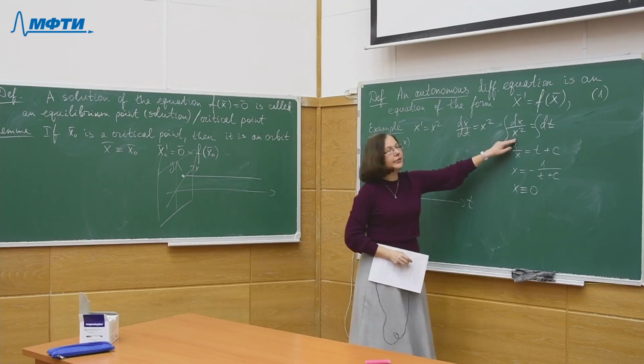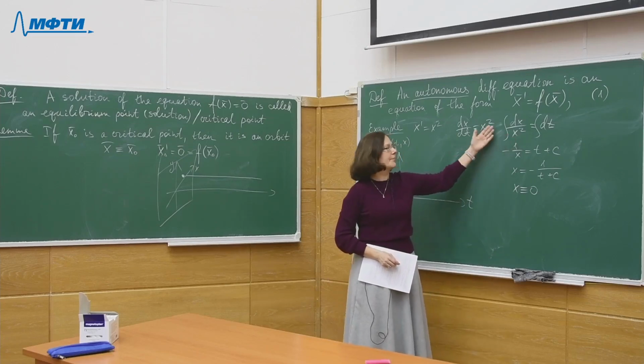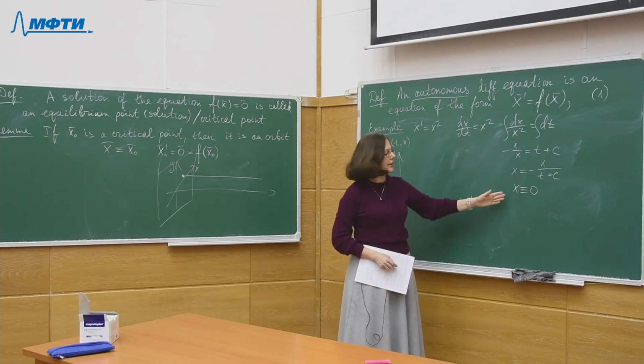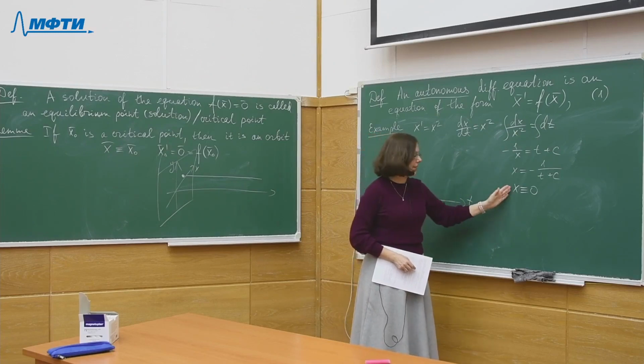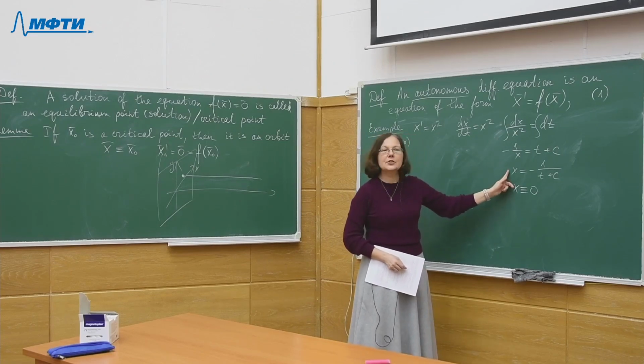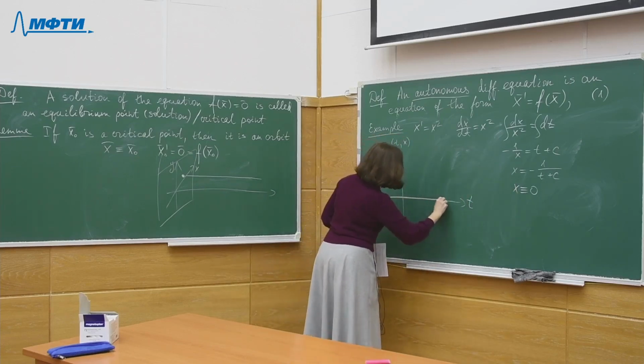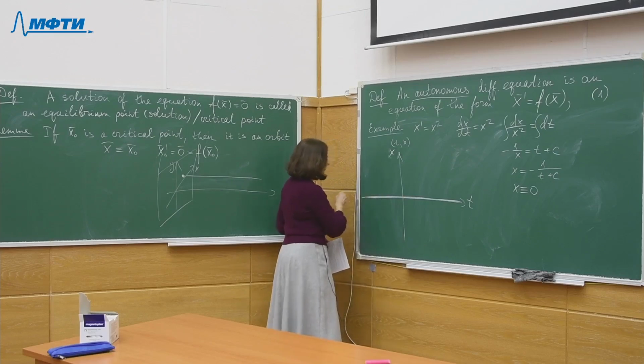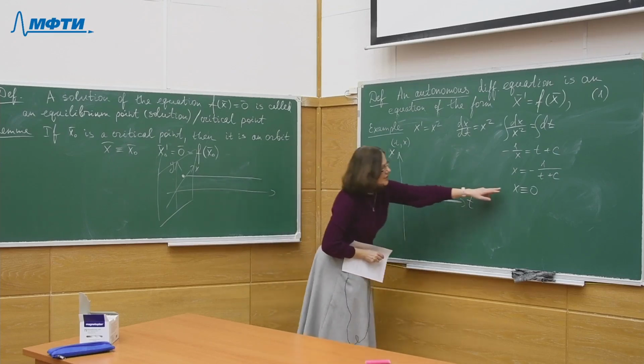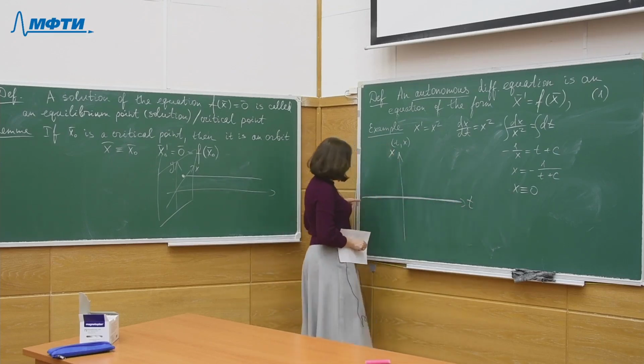If we divide by x, we should consider this case separately, and this is a solution, x identically 0. So this integral curve is this straight line.